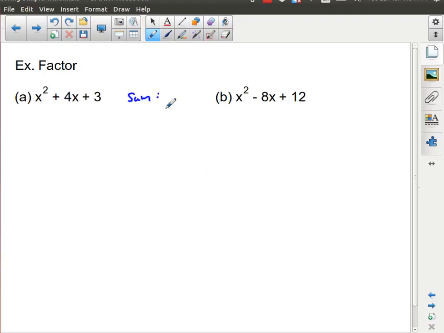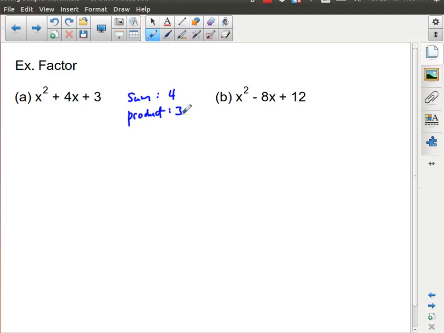So our sum is going to be 4. Our product is going to be 3. And this is +3. That's important because how do you get a product of +3? You can multiply two positives together, or you can multiply two negatives together.